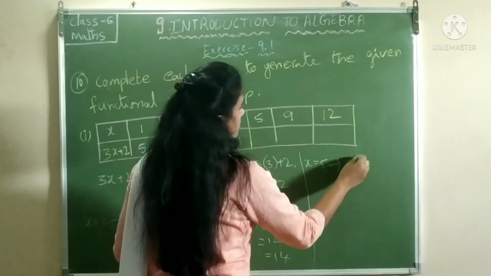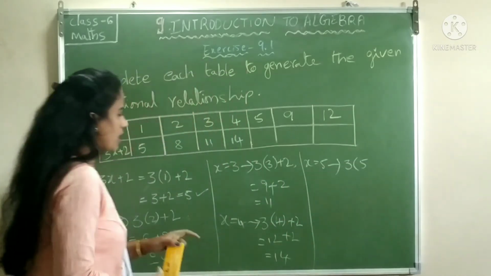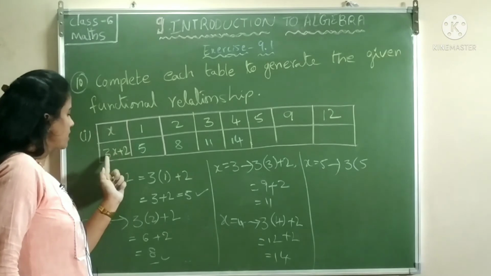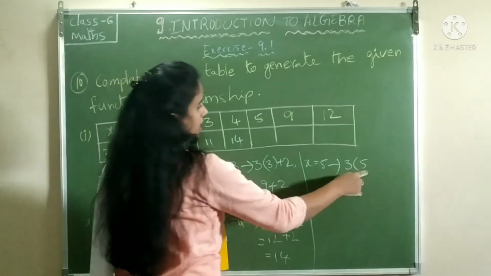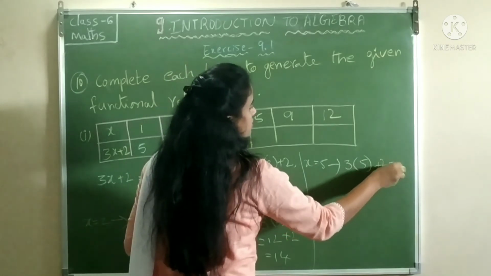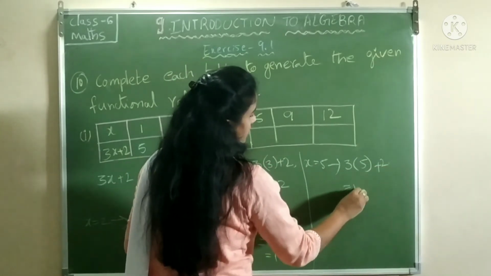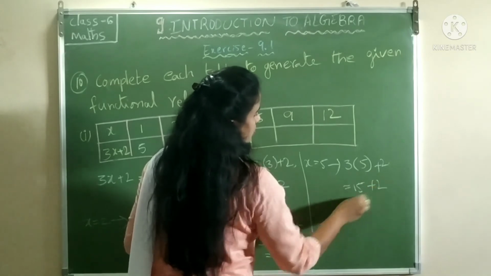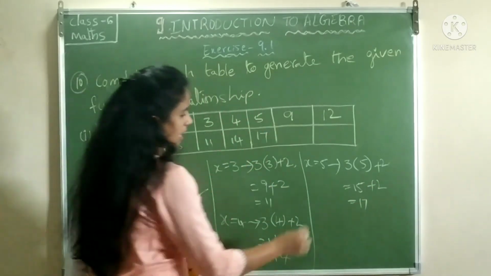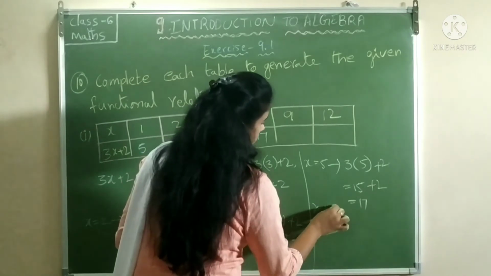If x is equal to 5, then 3 into 5, I am substituting the value of x. 3 into 5 plus 2: 3 fives are 15, plus 2 is 17. Right here 17. Suppose x is equal to 9.